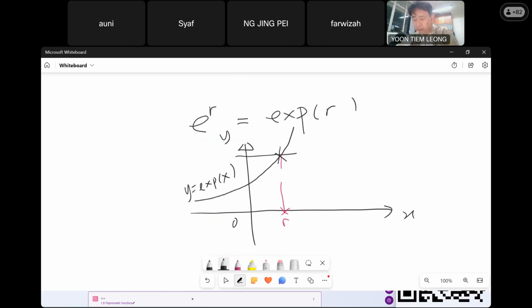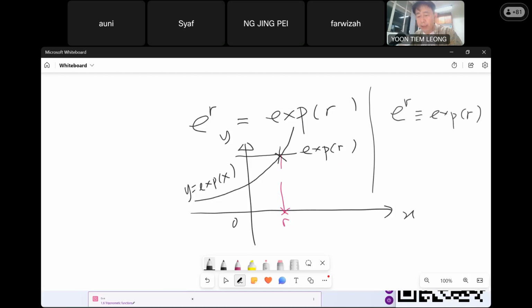This is the value of the exponential curve when x is equal to r. So what we have arrived at is that you define the Euler number raised to the power of the rational r to be the value of the exponential curve where x equals r.